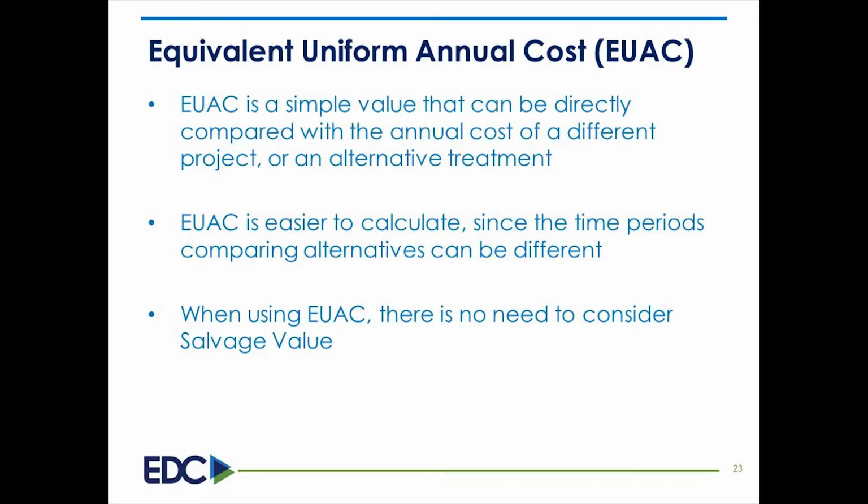If I'm comparing two treatment strategies, one that may be cheaper and lasts 6 years, and another one more expensive, maybe lasting 20 years, well, if I'm using net present value, it's difficult to run the cost on that because I have to come up with an equal length of time period. But with annual costs, I can just look at the cost stream, so I don't have to look at a salvage value. So it's simpler and a very easy measure to use.